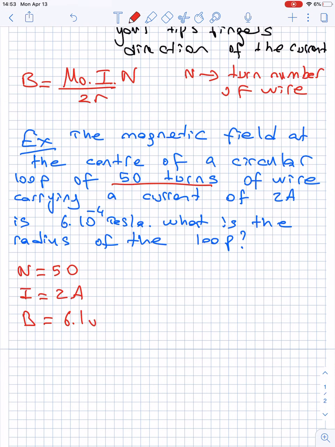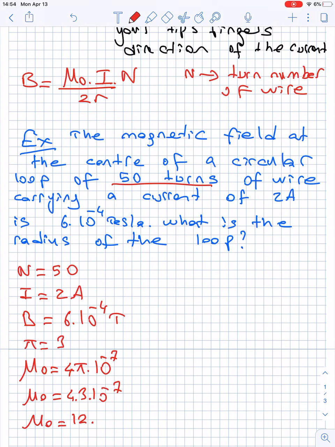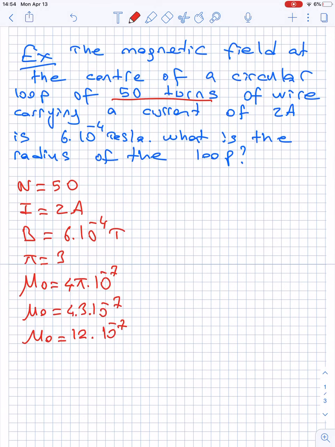Magnetic field is equal to 6 times 10 to the power minus 4 Tesla, and pi is equal to 3, and mu 0 is a constant, 4 pi times 10 to the power minus 7. When I put pi as 3 here, 4 times 3, 10 to the minus 7, mu 0 is equal to 12 times 10 to the power minus 7. And it is asking for R, the radius. How much is it?